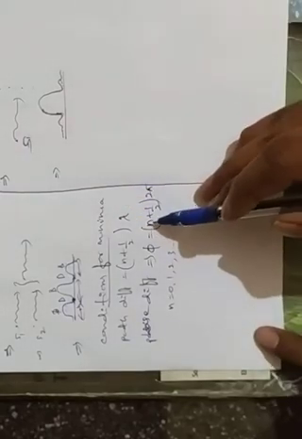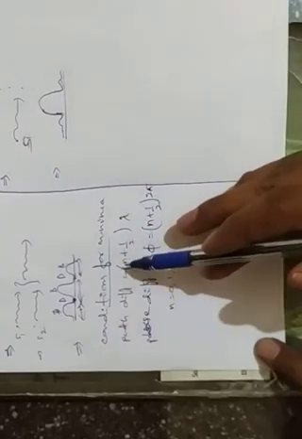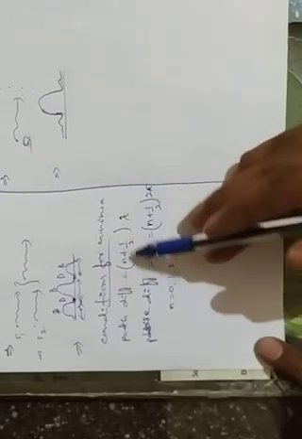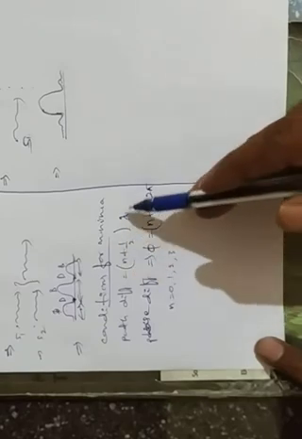Suppose n is equal to 1, then 3/2 means the phase difference is 3 pi, and then 5 pi. Like this we get odd multiples of pi. For n equal to 0, 1/2 lambda, n equal to 1, 3/2 lambda, n equal to 2, 5/2 lambda.